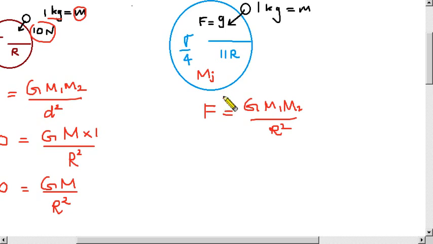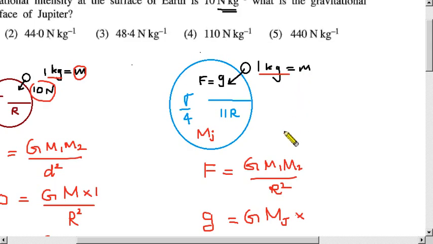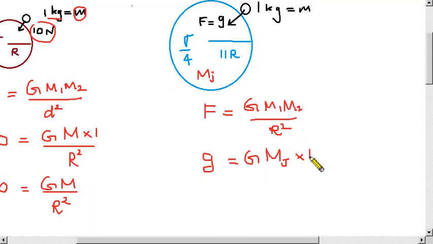So force is going to be now capital G, M1 is m Jupiter and m2 is 1 kilogram, divided by r, which is 11r, because this distance is 11r from center to center, so 11 squared r squared.